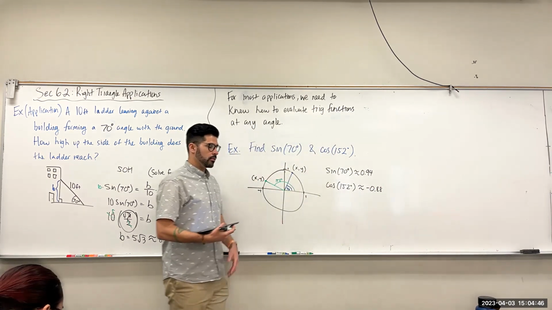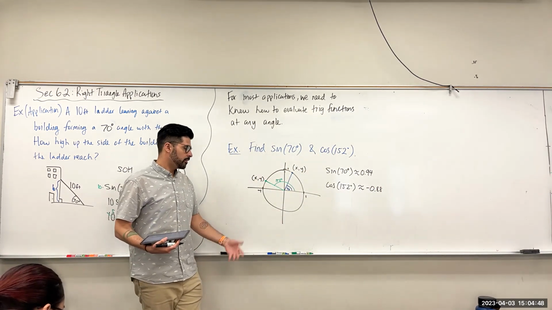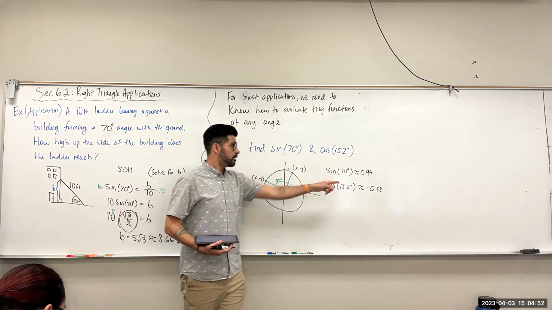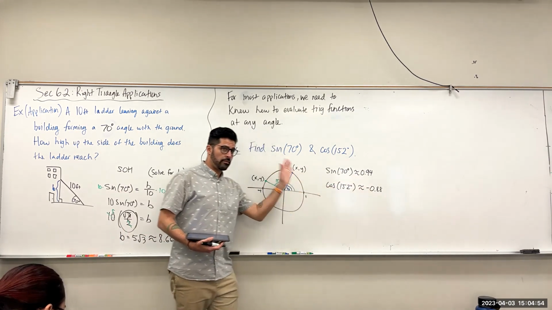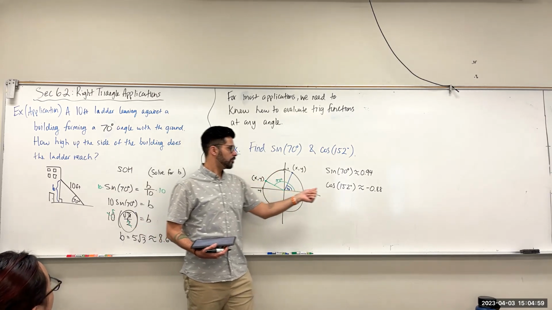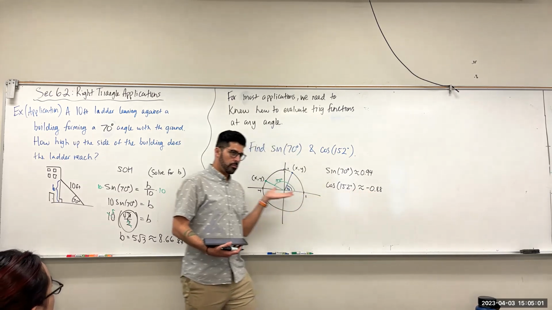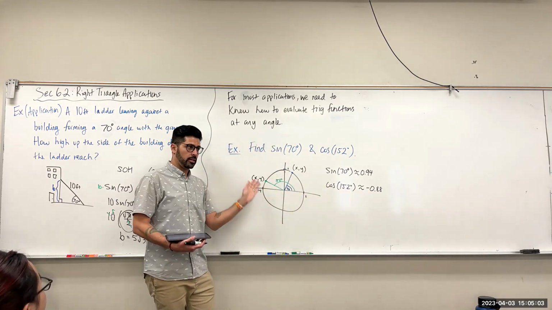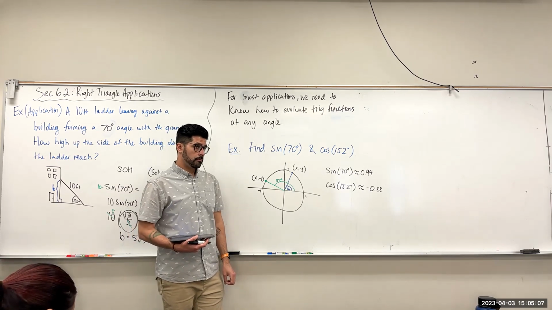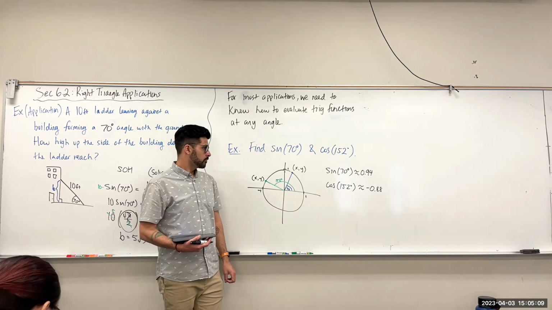So basically, yes, you'll be using your calculator, but I want you to understand that these numbers have life in the unit circle. And be careful, some people get confused about why they got a negative. Well, because you're in this quadrant. And if you put it back into the calculator with the inverse, it would be 151.6.